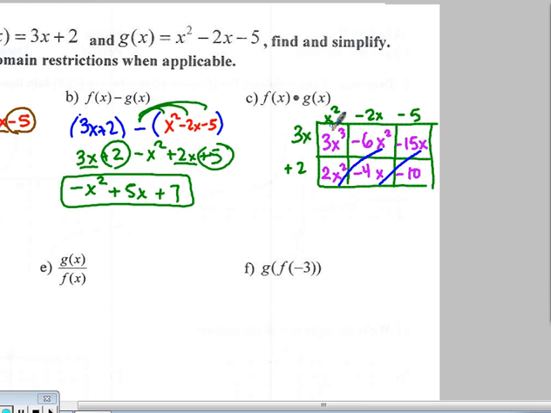So we have 3x squared. Now we're going to add everything up that's in here. So 3x cubed is going to be plus or minus? Minus, because I'm adding these up and I get -4 minus 4x squared. These two added together give me minus 19x and then minus 10. And that would be the final answer.